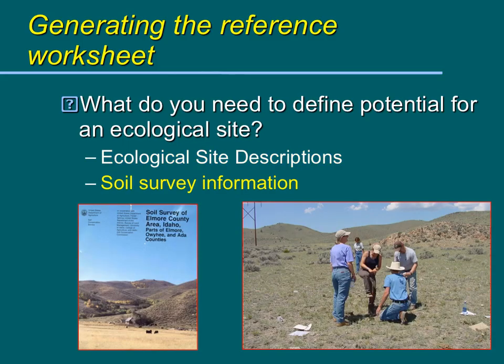The second thing you want to have your hands on, or have at least seen for that particular site, is the soil survey information. Web Soil Survey is a tool that we've looked at in this class before and learned how to use. It is a very important resource for all range management. It is one of the key physical characteristics of rangeland, and you need to understand the scope and breadth of information that the Web Soil Survey gives you.